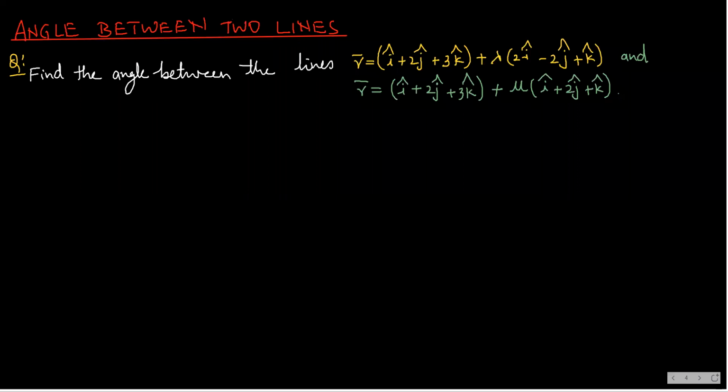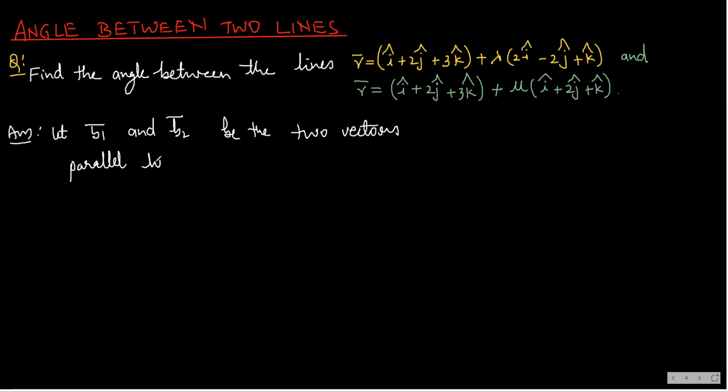Okay, so I will write: let b1 bar and b2 bar be the two vectors parallel to the two lines given in order.